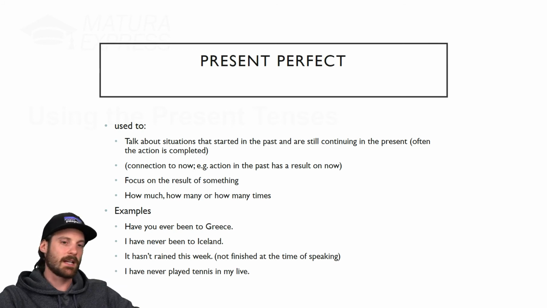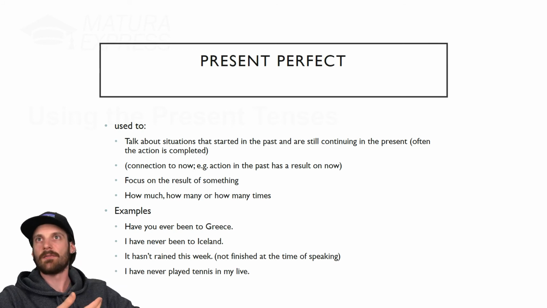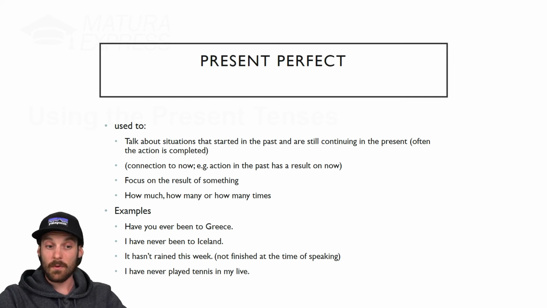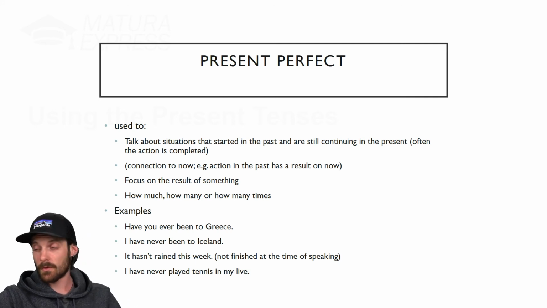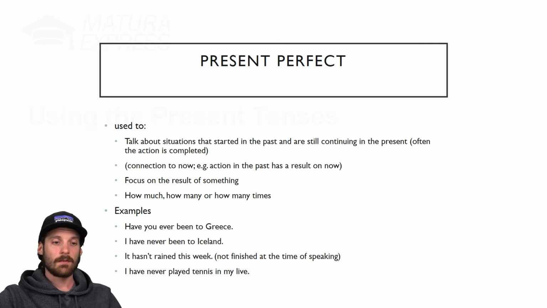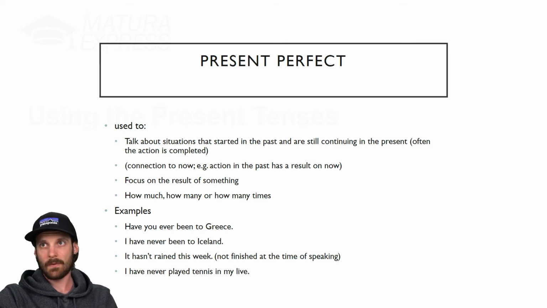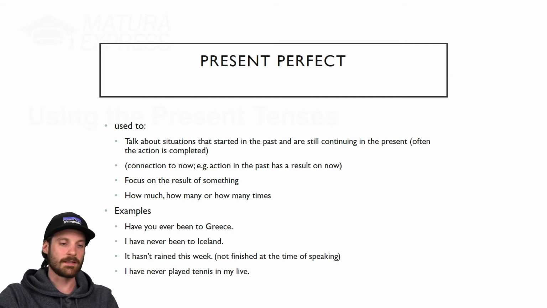For example, an action in the past has a result now, also used. Or you have a focus on the result of something. We have already talked about this. So how much, how many, or how many times. That's also important for the present perfect. So let's continue with some examples.